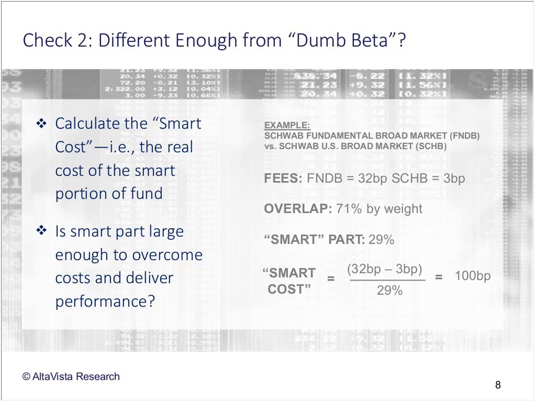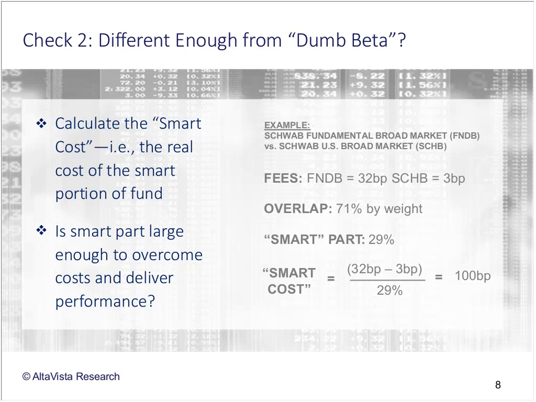Now, on the belief that the 71% of the portfolios which overlap is only worth paying 3 basis points, since that's what I can get it for by using SCHB, we subtract that cost from the 32 basis point price of the smart beta fund in order to get the additional cost of the smart beta, which is 29 basis points.